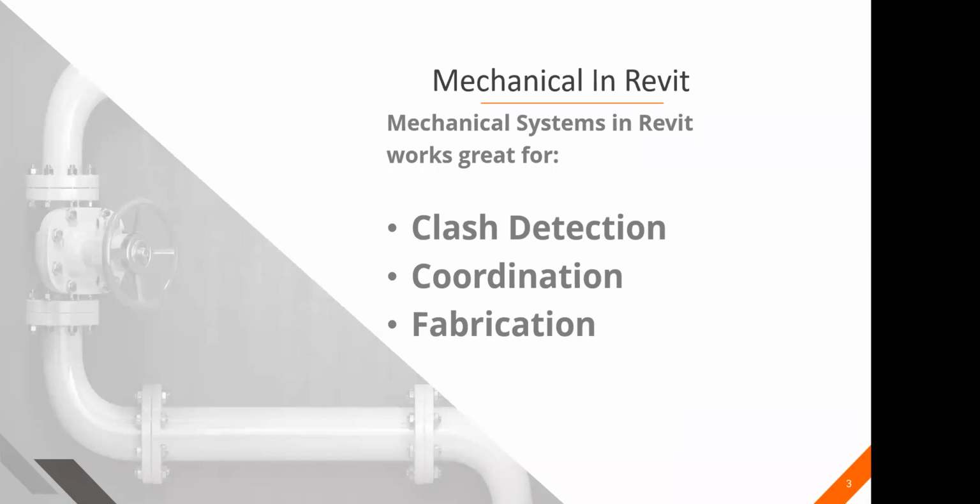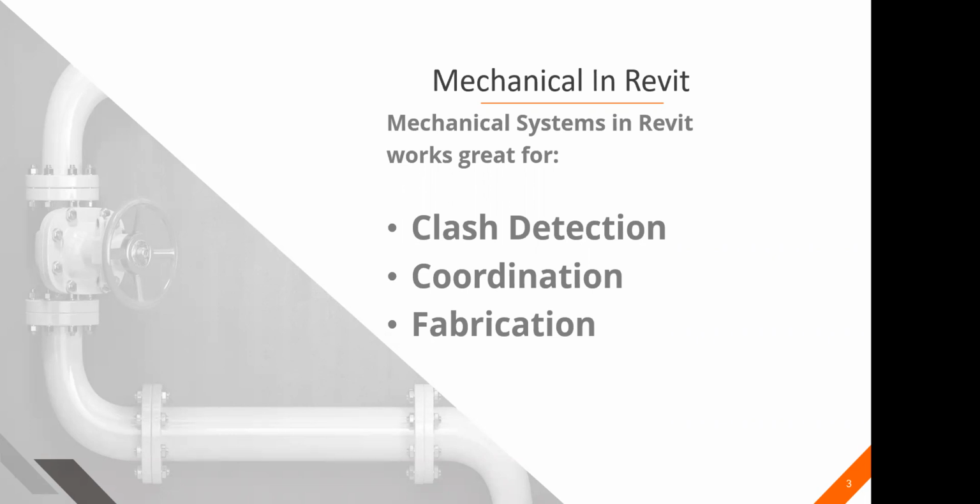Another big benefit is with MEP contracting, you can model your services exactly to fabricatable level or to coordination level within the model. So if you're coordinating with other companies that are doing, let's say, electrical, so you have electrical conduits, you can bring that link in, and then now you can run your mechanical around it, or they can run around you.